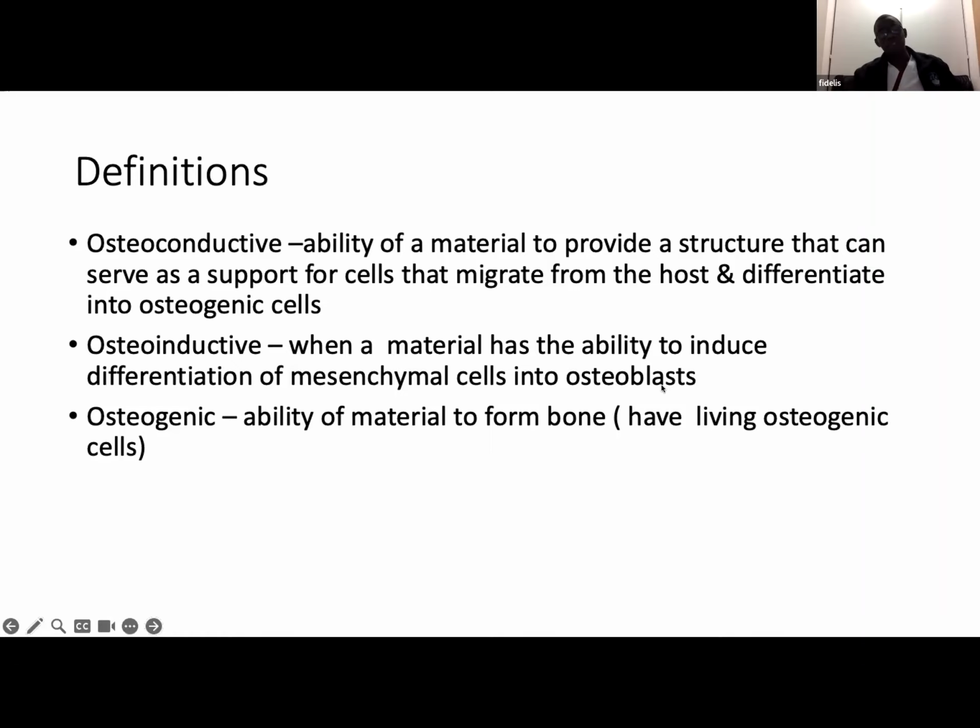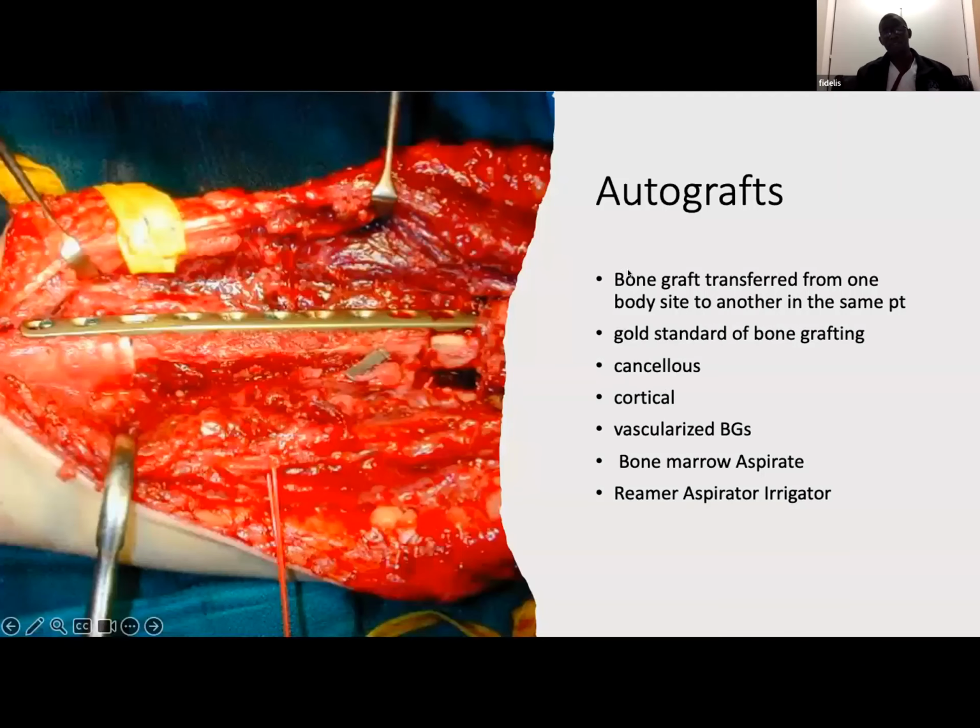And then in terms of grafts itself, the autografts, it's considered the gold standard for bone grafting. And so basically when you do an autograft, you are transferring bone from one body site to another body site in the same patient. And then they come in different types.